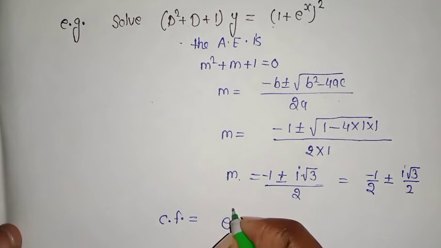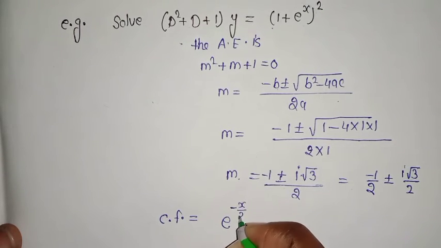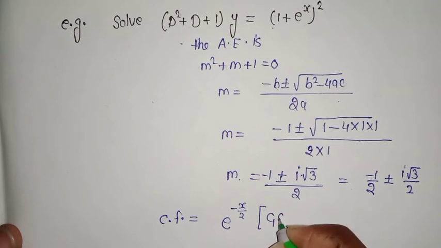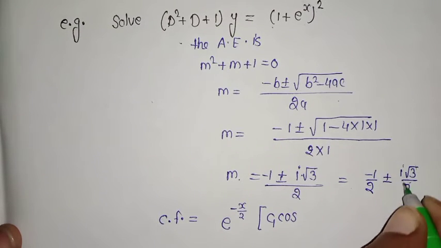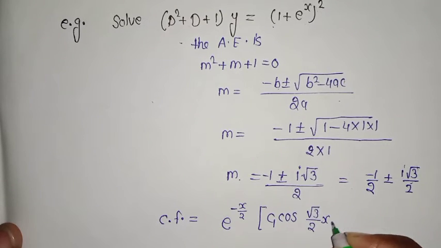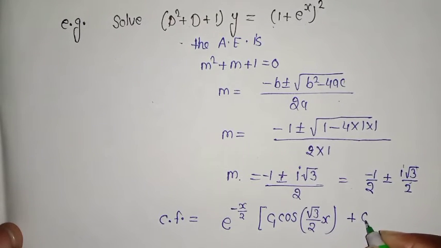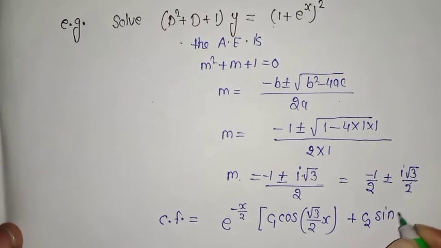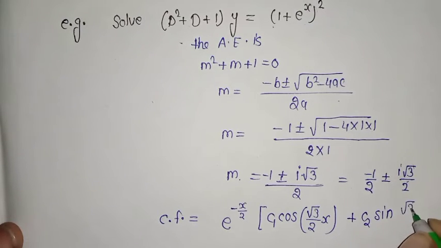So e raised to power minus x by 2 into C1 cos beta x, where beta is the imaginary part, root 3 by 2, plus C2 sin beta x, beta is again root 3 by 2 x. So this is our CF.